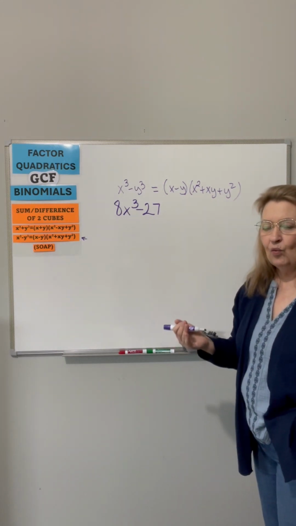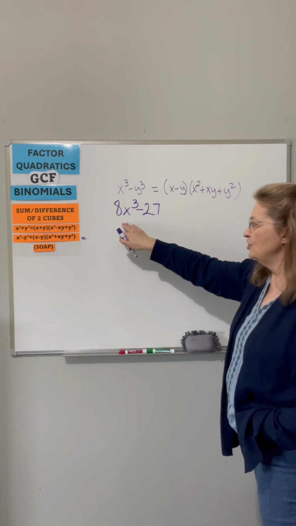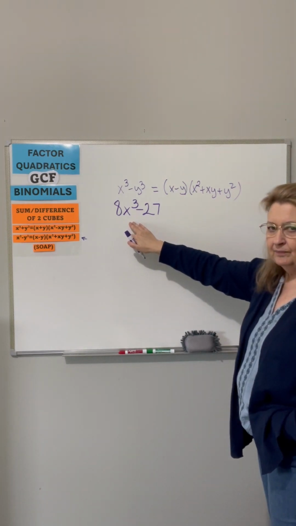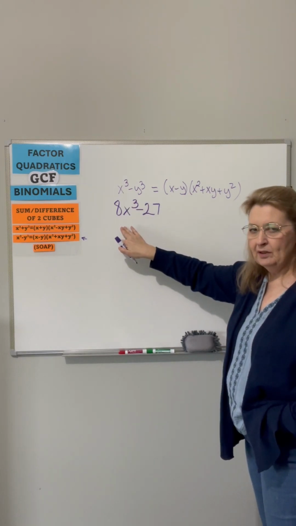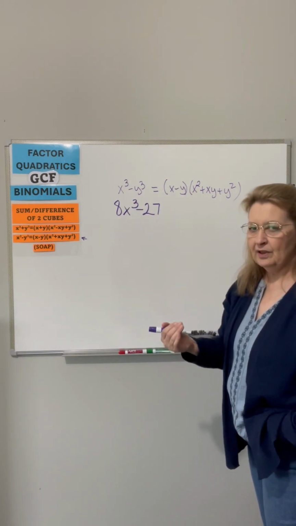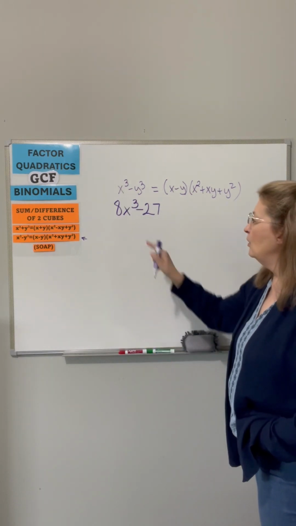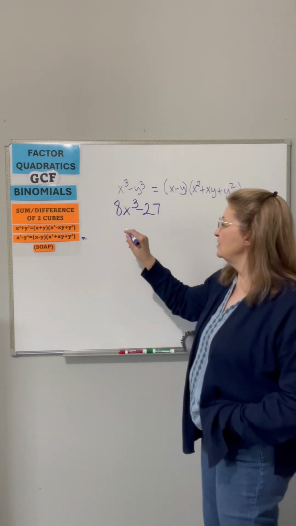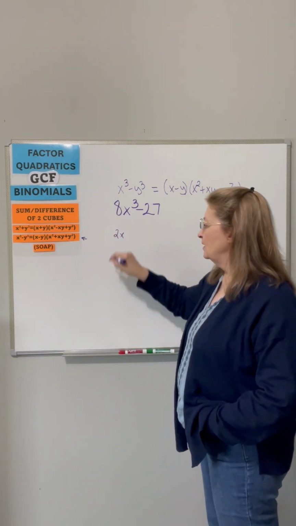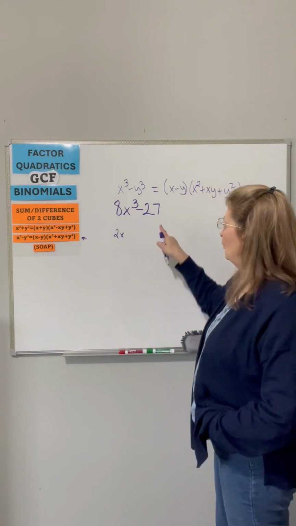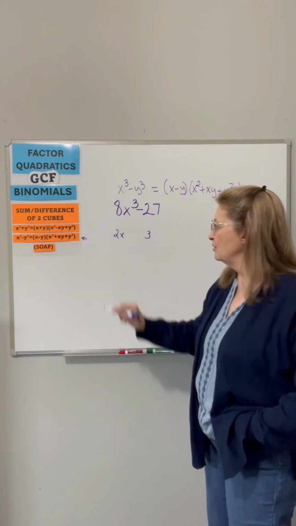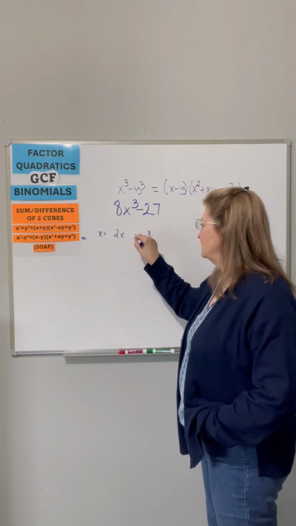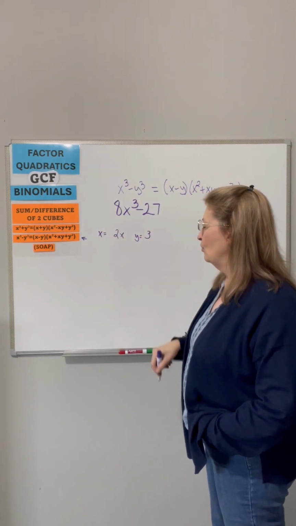Let's get a handle on what all these are in relationship to these numbers. If this x cubed is my perfect cube, what is the root of that? Well, the root of 8x cubed is 2x. The root of 27 is 3. That's the x and the y in my formula.